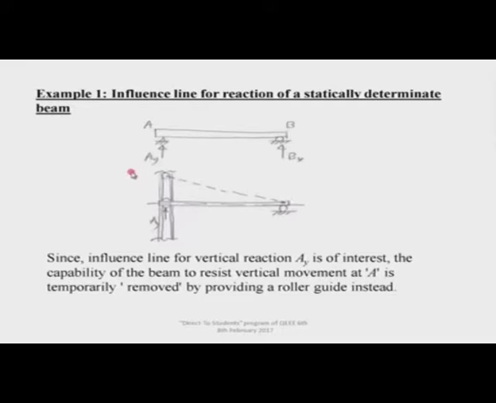Only thing missing here is that I do not have any idea about what this length should be for finding out the quantities elsewhere. That means I cannot use it directly in terms of finding the quantities, because it is not based on the unit load concept, but definitely it gives me a very accurate description of the shape of the influence line, and once I know it, I can do it very easily.